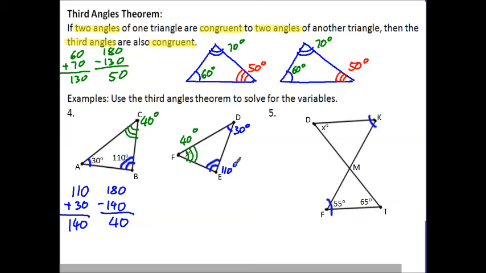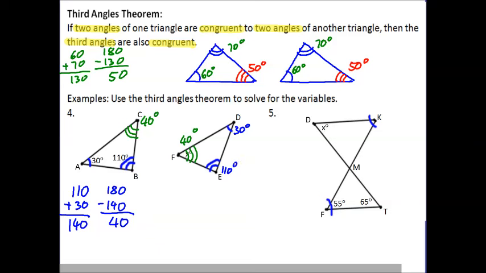Again, remember, orientation is not a requirement for two figures to be congruent. But we have the information that two pairs of angles are congruent, and therefore the third angles also have to be congruent.